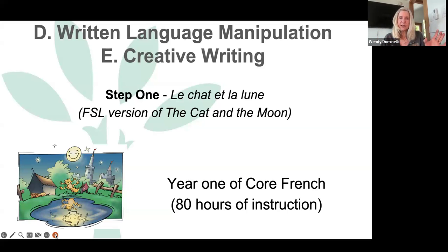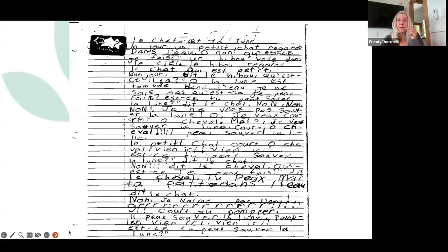So we take the story that they know, and they know it very well, and we model for them how to do this as a whole class, but then the students write together in partners to develop their own versions. So they have to retell the story in their own words without repeating any of the sentences that are contained in the original story.